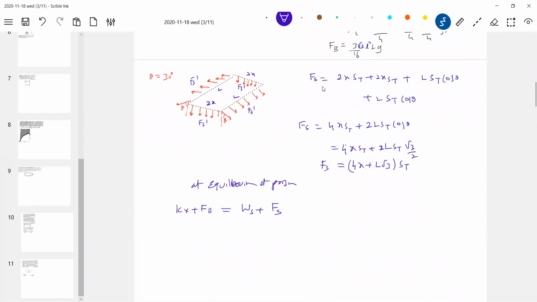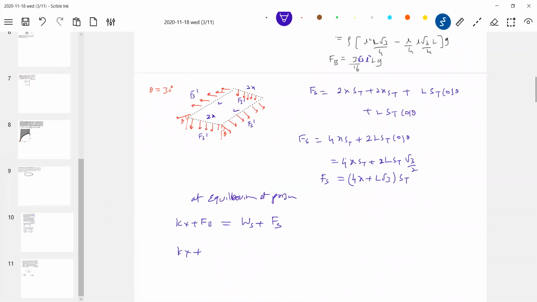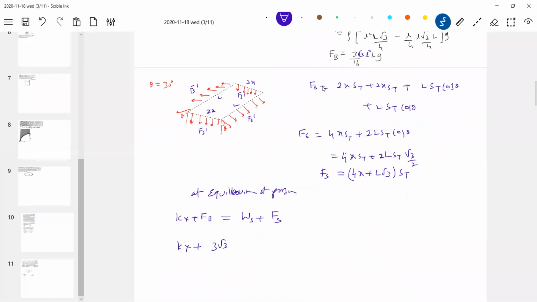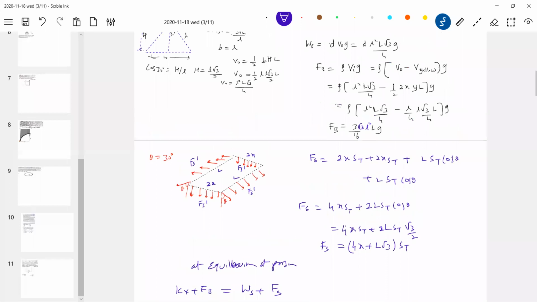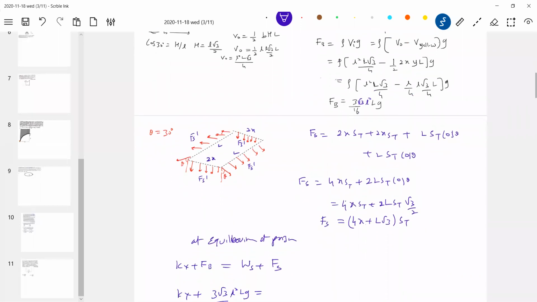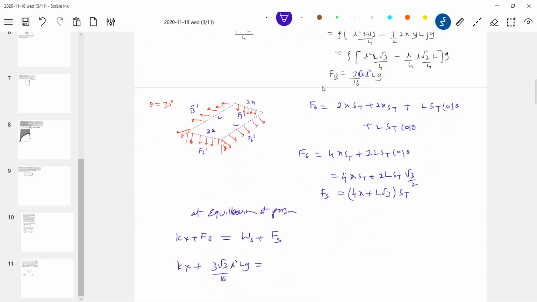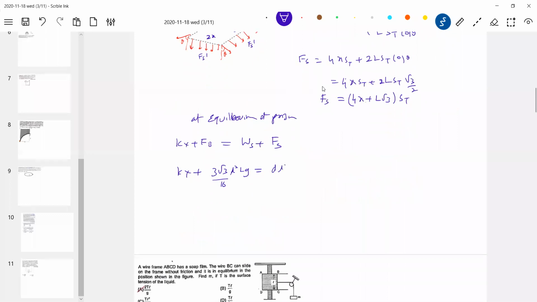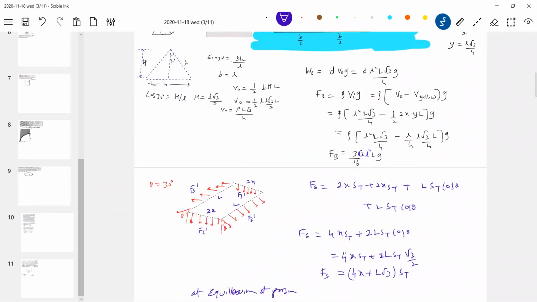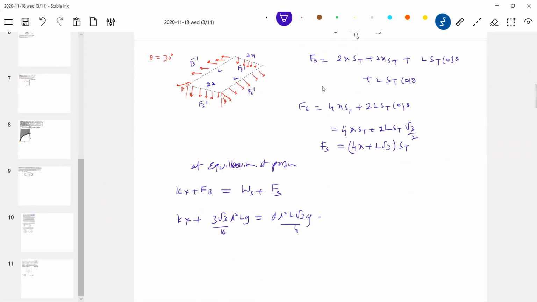Now substitute all: kx, buoyant force 3 root 3 by 16, weight of the solid, L square L root 3 into density. What is x?